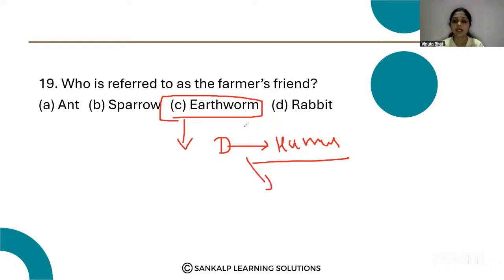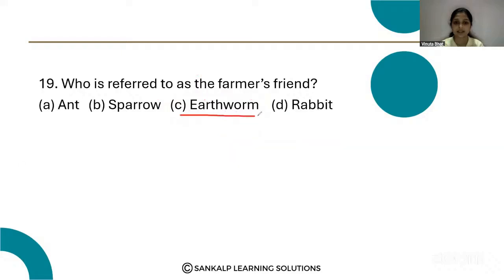So some organic black colored material that is added to the soil, which is very rich in nutrients. They feed on the leaves and all, and they release nutrient rich matter to the soil, right? So soil fertility increases because of the earthworm. That is why it is called the farmer's friend.